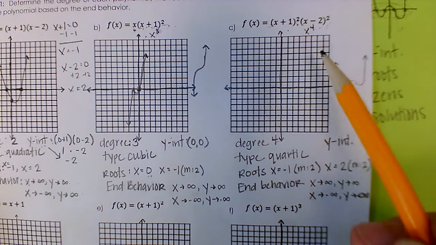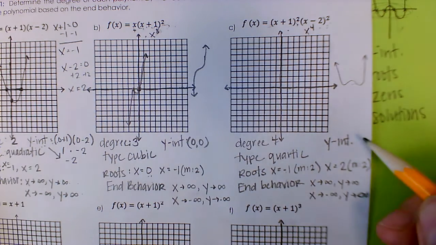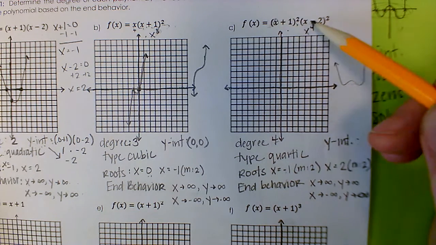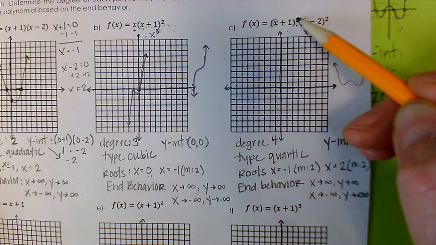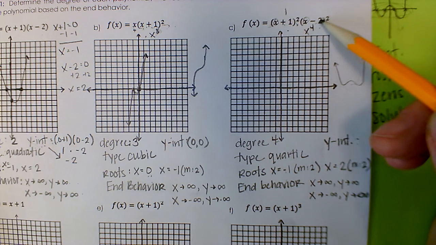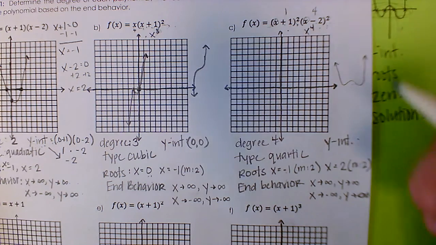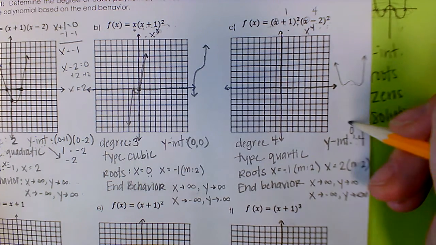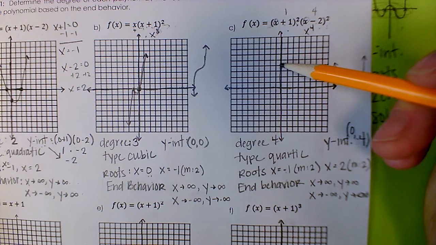Okay, so now let's use what we know to graph it. We know we're going to bounce off of negative 1. Let's do our y-intercept, sorry. Y-intercept, if we plug 0 in for both of these, that's going to be 1 squared, which is 1, times negative 2 squared, which is 4. 1 times 4 is 4. So our y-intercept is 4, which is actually at 0, 4. So 0, 4.